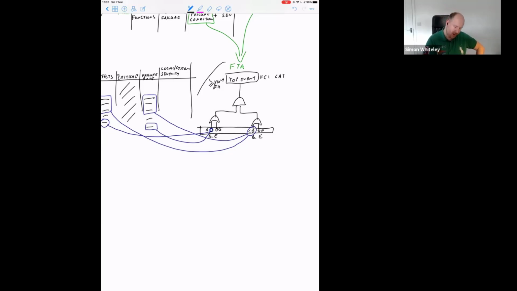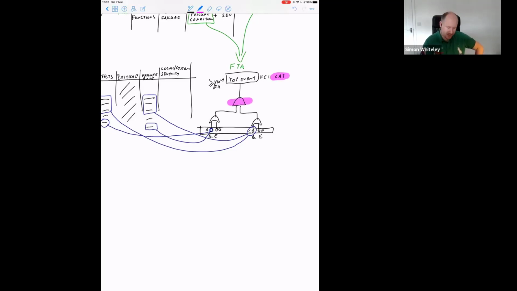This approach, fault tree analysis, allows you to set requirements for things like independence. If you imagine this is a catastrophic failure condition here, this AND gate suddenly becomes really important.